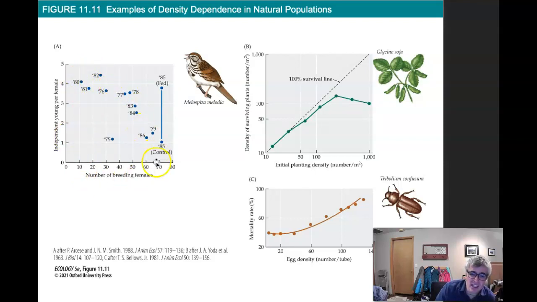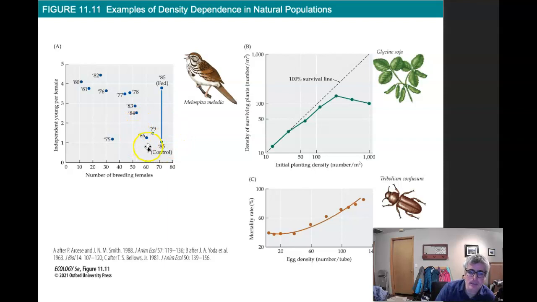As the population increased to 60 to 70 breeding females, they're only having 1, maybe 1.5 young on average. So they've decreased their growth rate, where prior at low densities, 1 female would have 4 young. At high densities, 1 female is having 1 or 1.5 young.